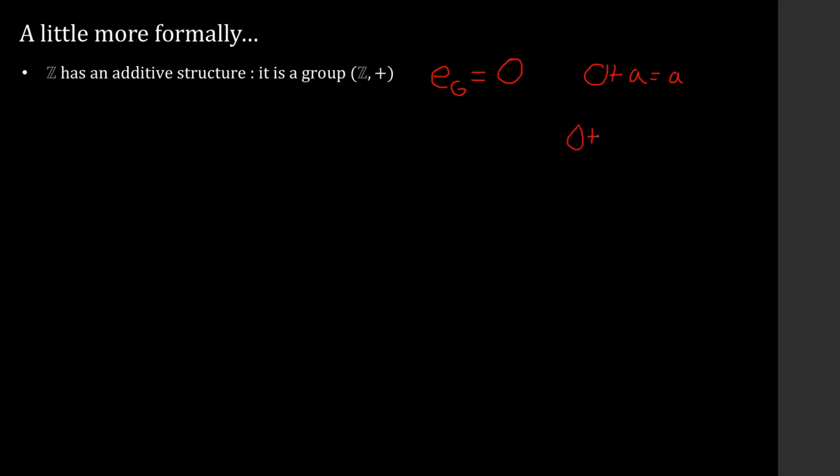You've got that 0 plus a is equal to a plus 0. And so in the case of integers, everything commutes anyways, but in our general group, e_G star g is equal to g star e_G, and all that is equal to g. Okay? So it's the only one that's guaranteed to commute, and we'll see in a second why that's important.